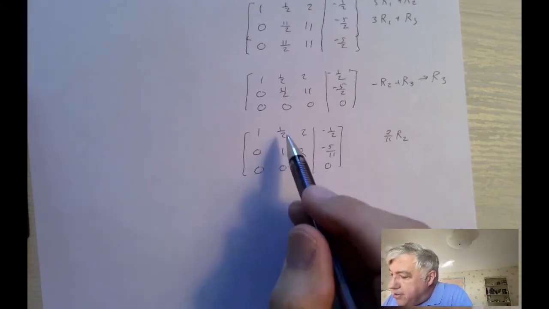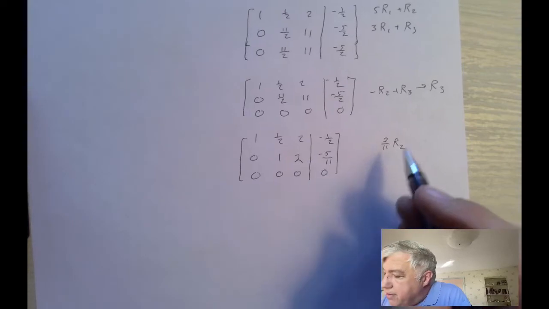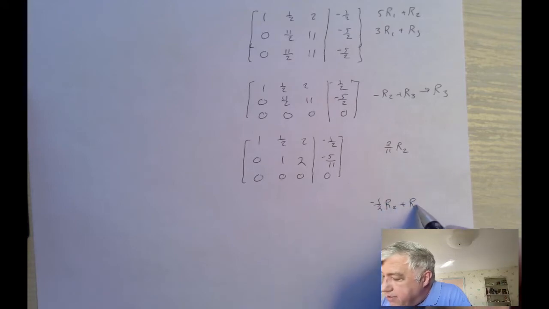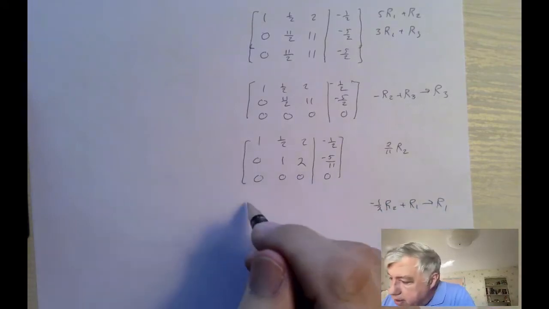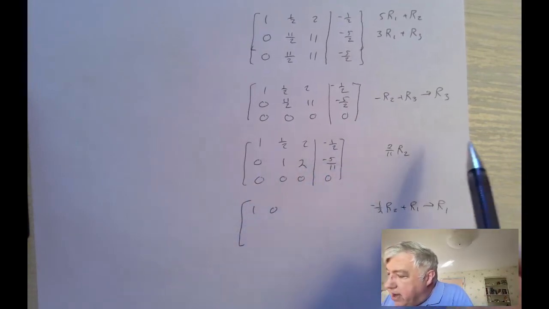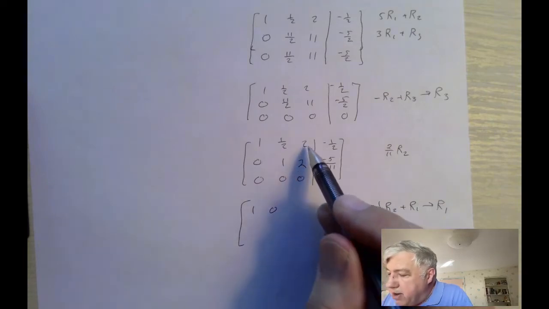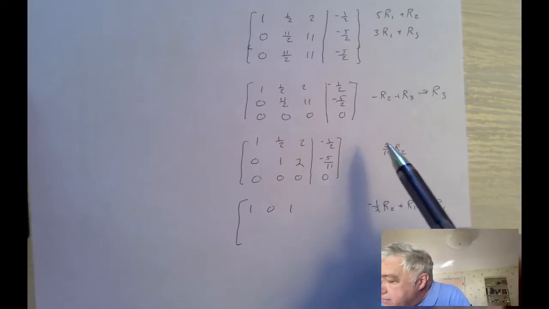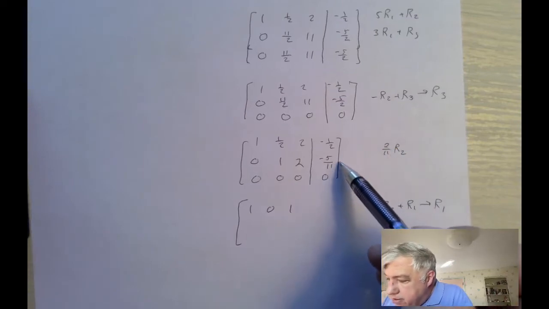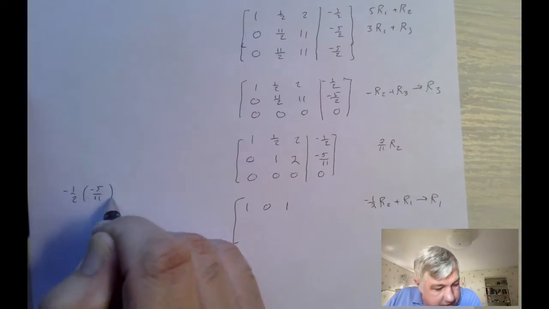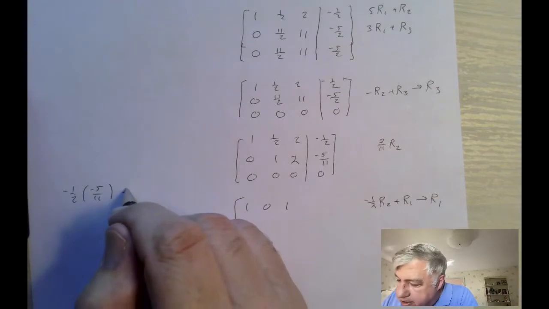Okay. And then, we are almost done. We just want to make this 1/2 a 0, so we're going to multiply the second row by negative 1/2 and add to the first row. Okay, and when we do that, we get 1, 0, and then negative 1/2 times 2 is negative 1 plus 2, that's 1, and then negative 1/2 times negative 5/11 plus negative 1/2.